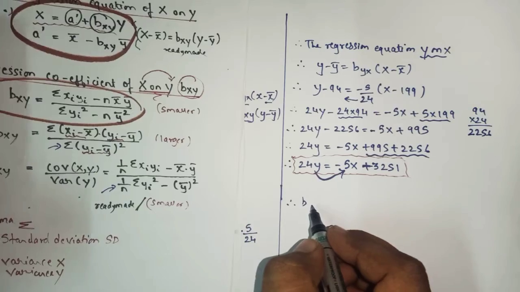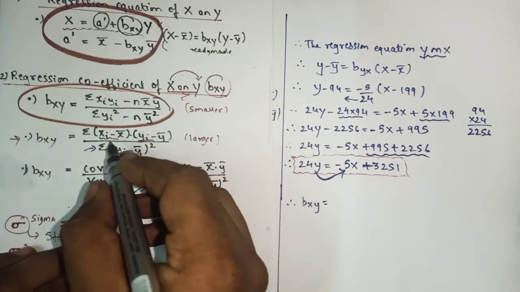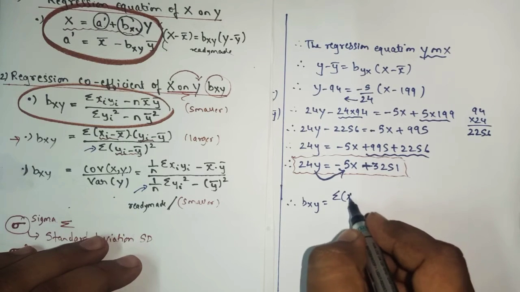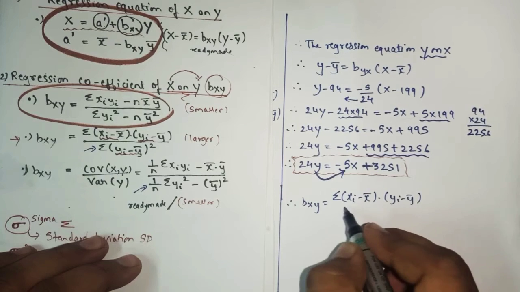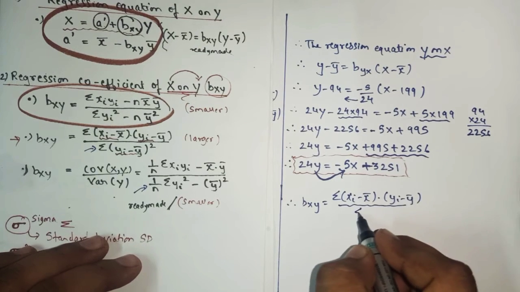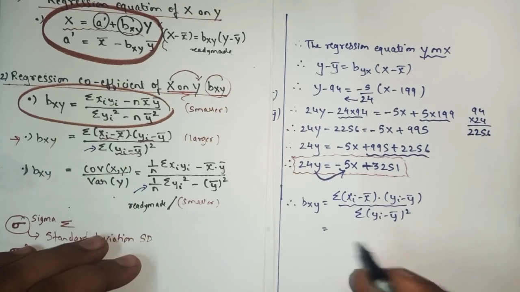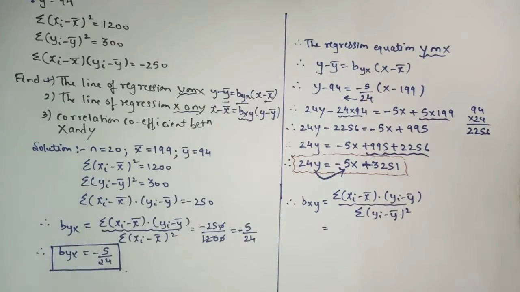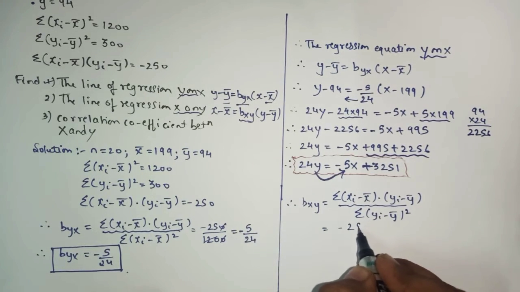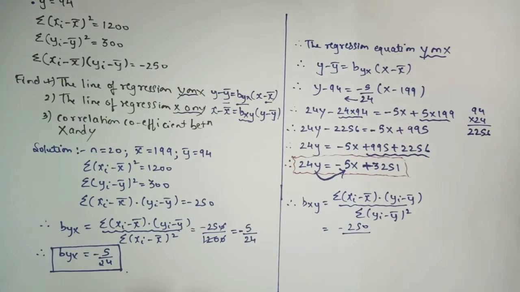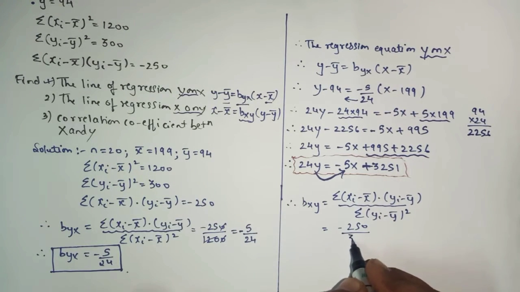So bxy is the total of (xi minus x mean)(yi minus y mean) upon the total of (yi minus y mean) the whole square. Yes or no? So here the total of (xi minus x mean)(yi minus y mean) is minus 250, upon (yi minus y mean) the whole square, which is 300.